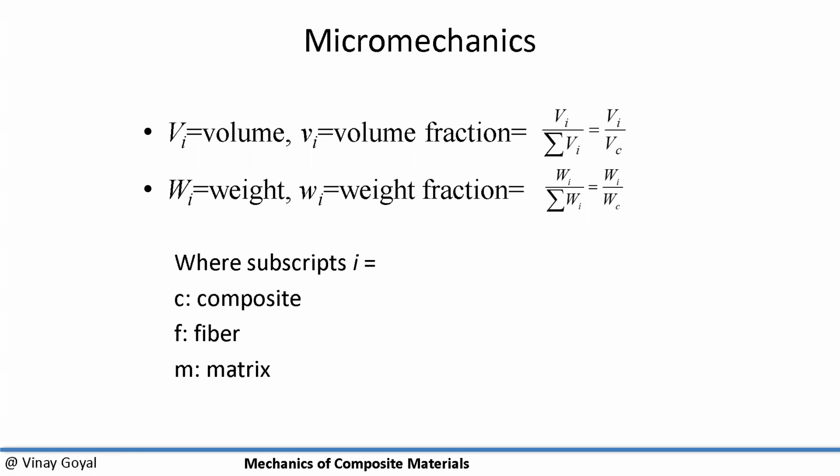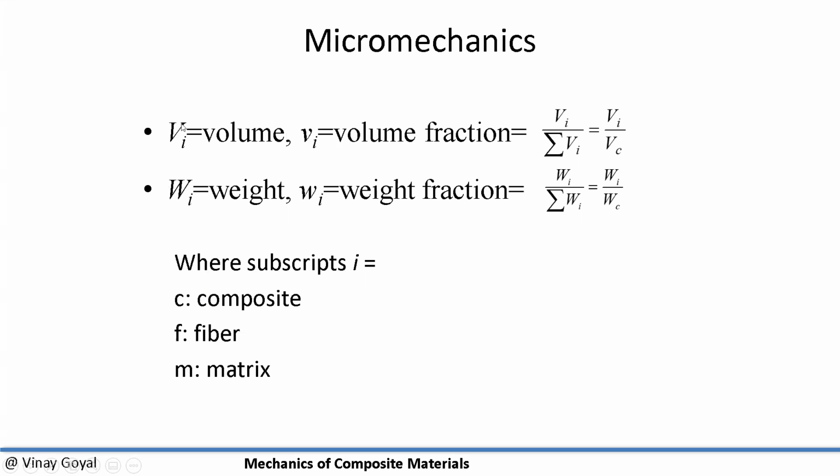So I want to cover a few concepts here. I have the definition of volume, which is V_i, and I can take values of either composite C, fiber F, or matrix M. So the volume can be any of these, V_C, V_M, V_F. When you see a small v subscript i, that means volume fraction.